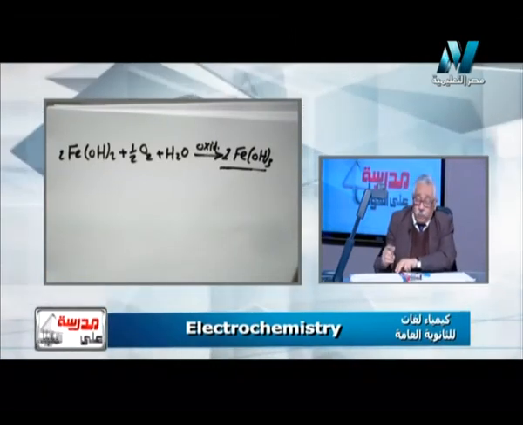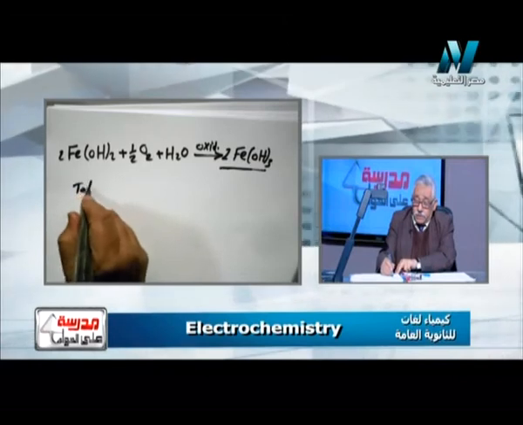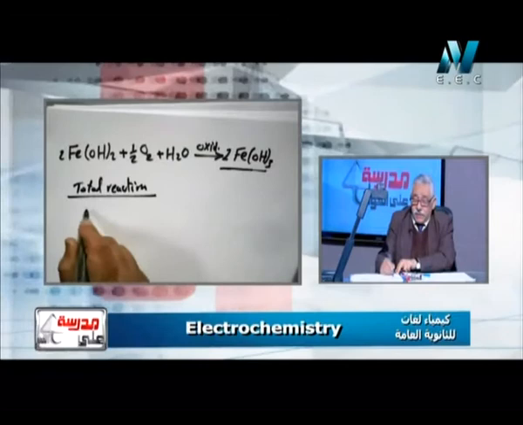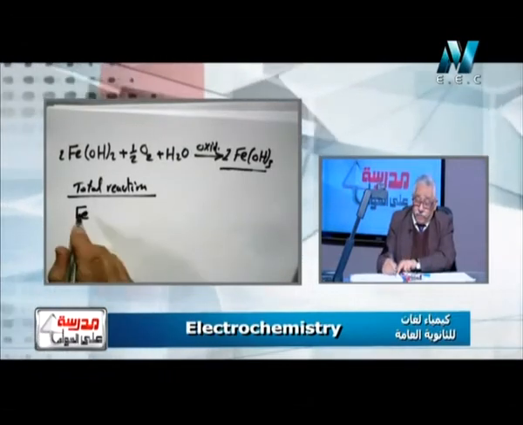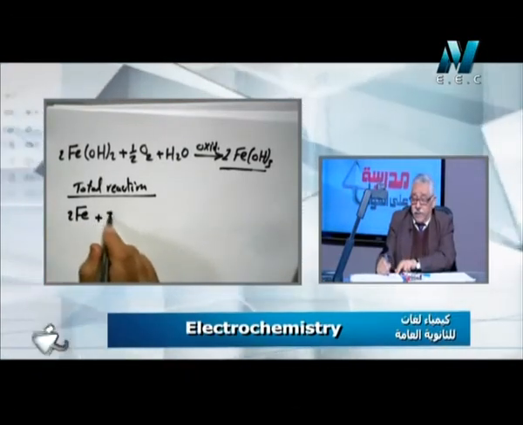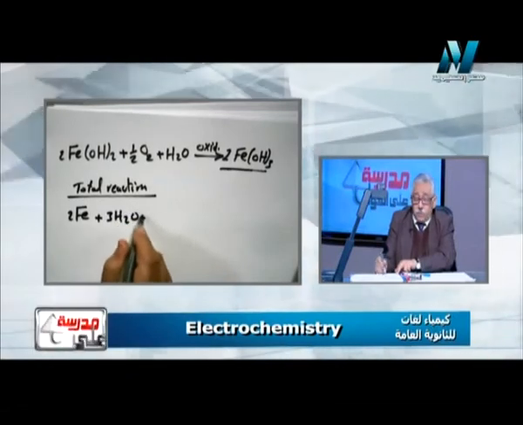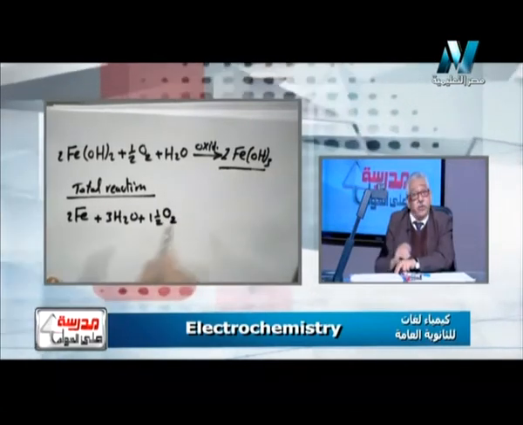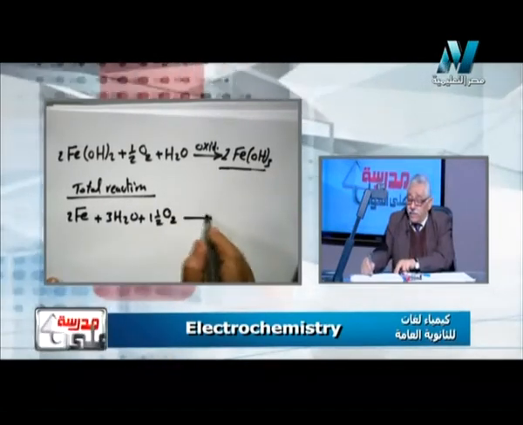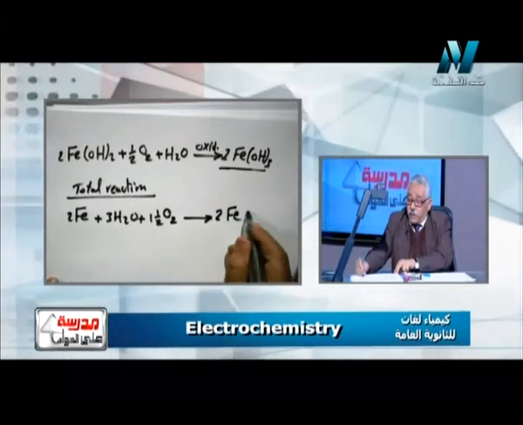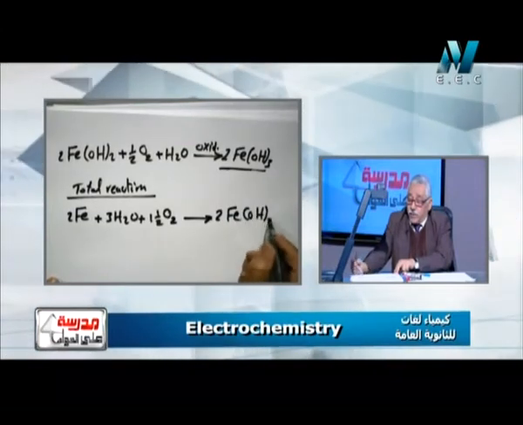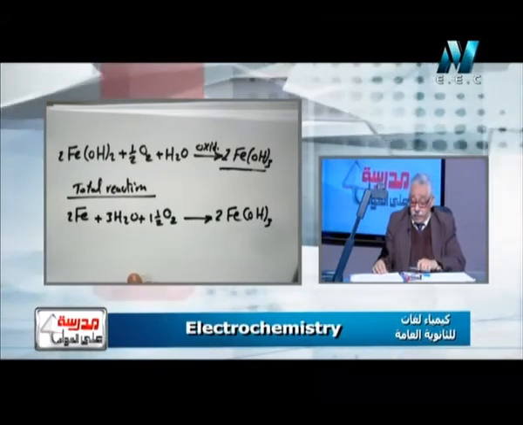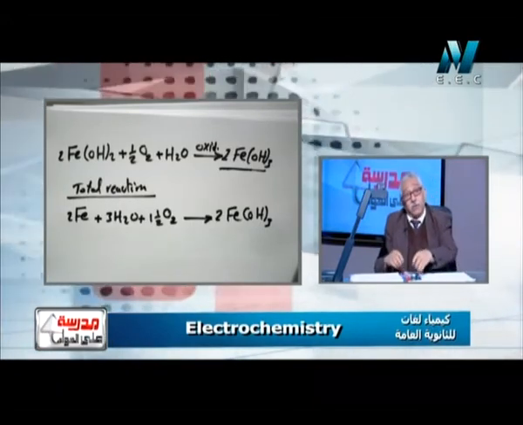So the total reaction for rusting is: 2 Fe plus 3 H2O plus 3/2 O2 gives 2 Fe(OH)3, and this eroded layer can decay, causing what is called rusting.